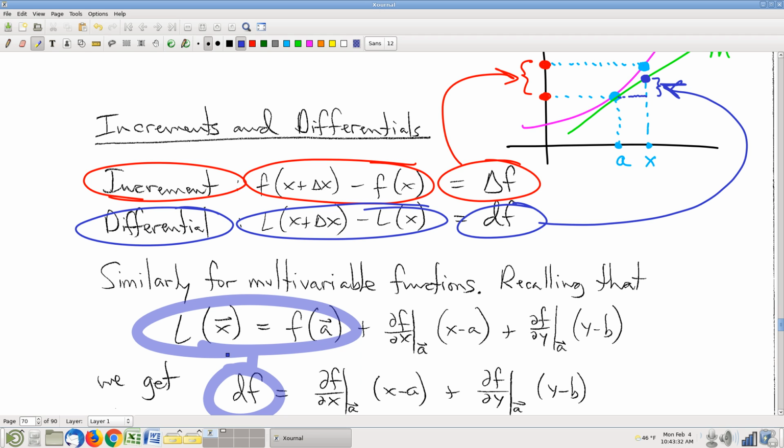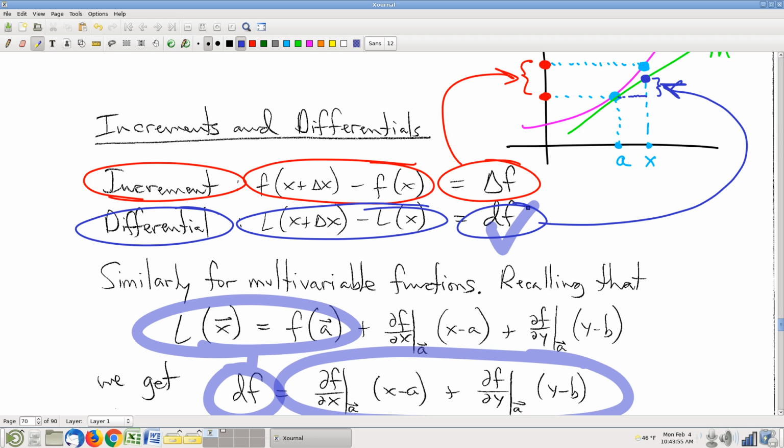So df is our linear estimate, using our linear approximation, of how much the function's changing. And we have a formula for that, like so. Now, how close was it? I don't know. That's a harder question. But that's what our estimate is.